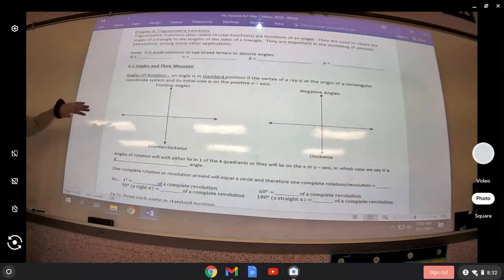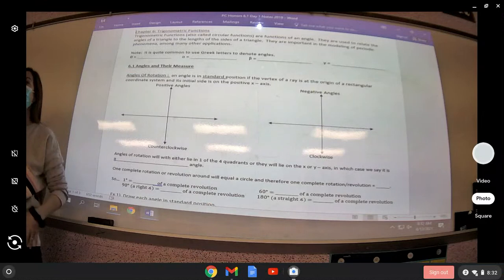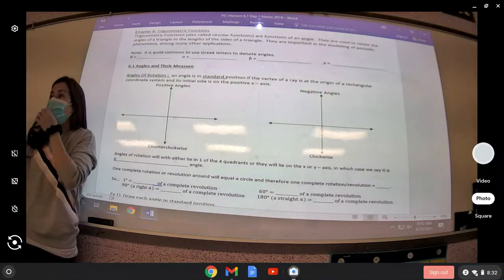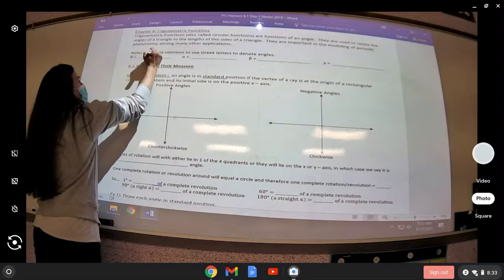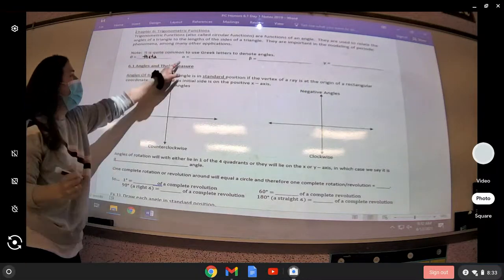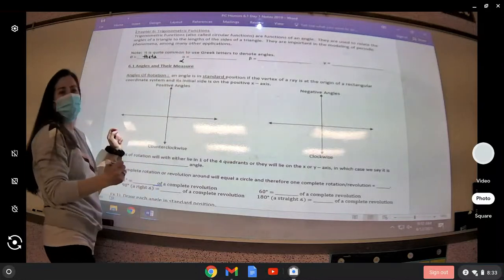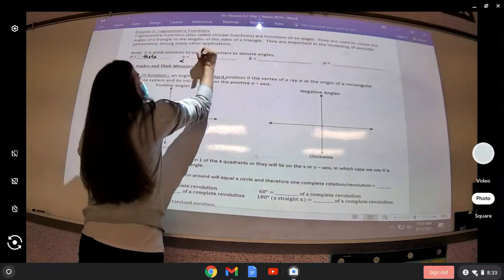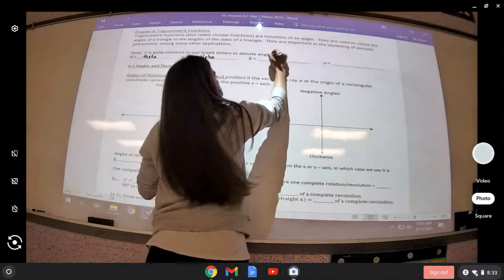All right, just to make a note, it is quite common to use Greek letters to denote angles, so we're all aware of what probably the most popular Greek letters are. We've got our favorite, theta. We have alpha, which really looks more like that a little bit. It kind of gets lost in the computer symbol. Then you have beta.